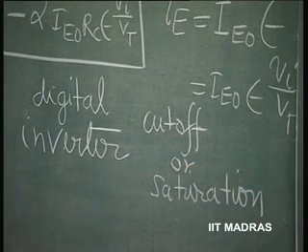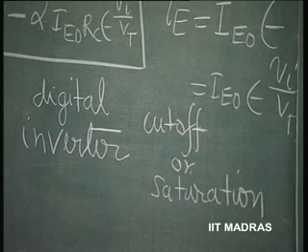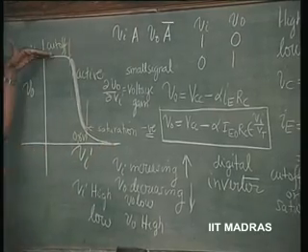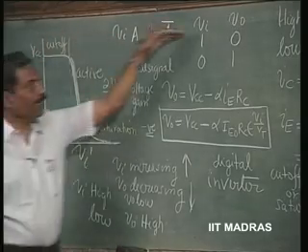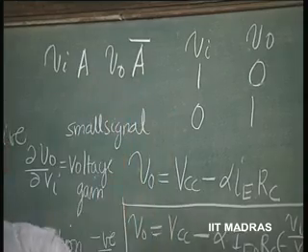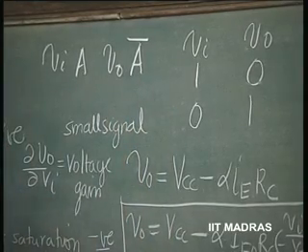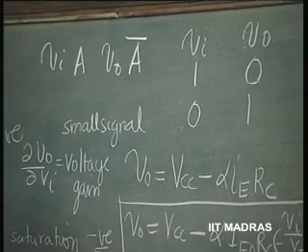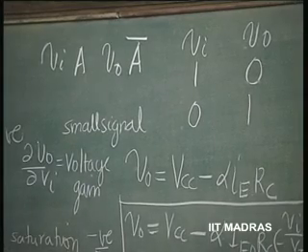Then it is called a digital inverter. If the input is high, output is low. If the input is low, output is high. If Vi is 1, V naught is 0, and if Vi is 0, V naught is 1. This is an important basic building block of digital systems. Without this, no digital system can be fully designed.